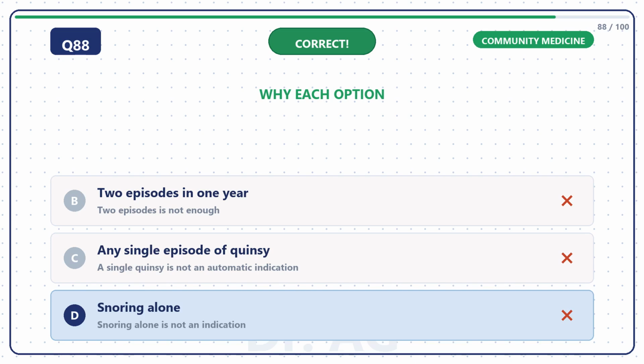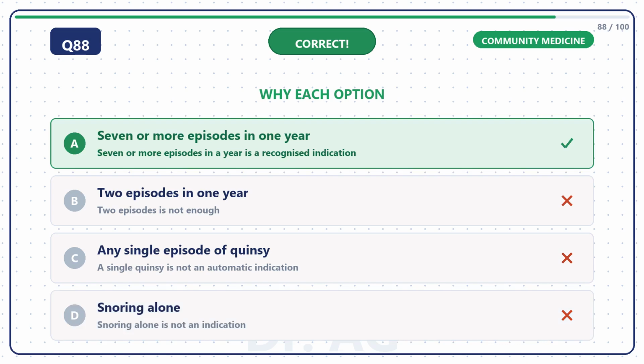Snoring alone is not an indication. And the correct answer is 7 or more episodes in 1 year. 7 or more episodes in a year is a recognized indication. So, the right answer is option A. 7 or more episodes in 1 year.